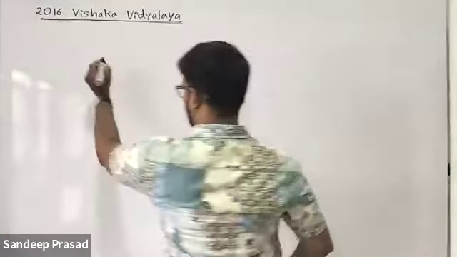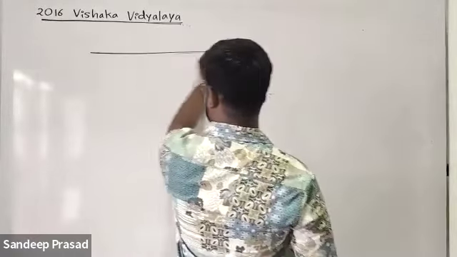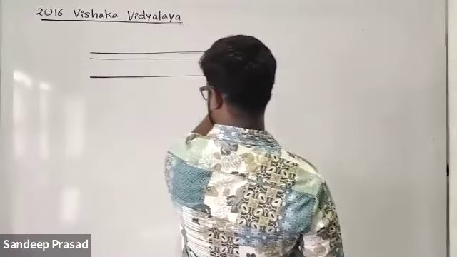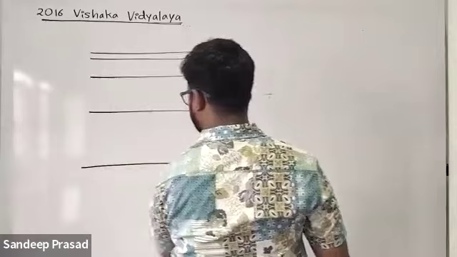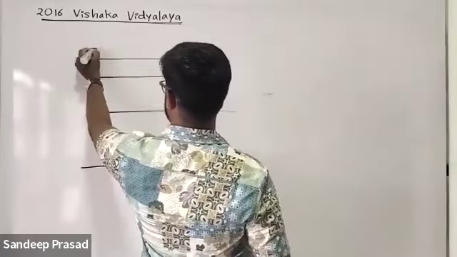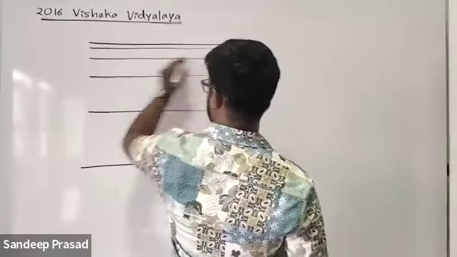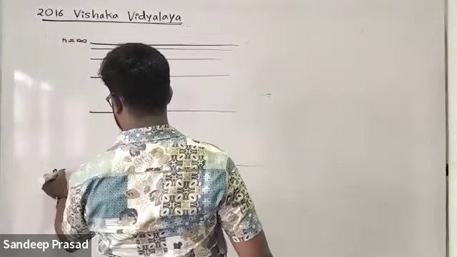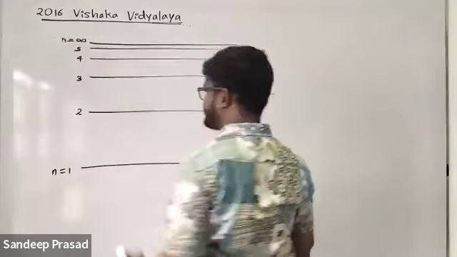So when you are drawing that energy level diagram, you can mention it in this way. So this is n equal infinity. And this is n equal 1, 2, 3, 4, 5.